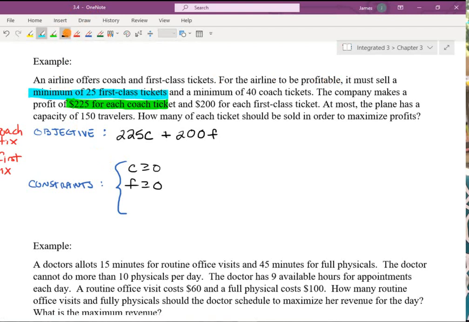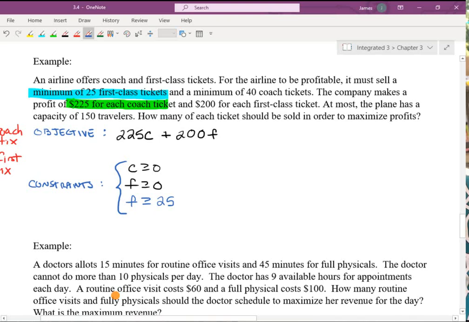So F, if I say minimum, that means F actually has to be greater than or equal to 25, doesn't it? Does that make sense? Minimum sets the floor. So you can have 25, or you can have 26 or 27, but you cannot have 24.